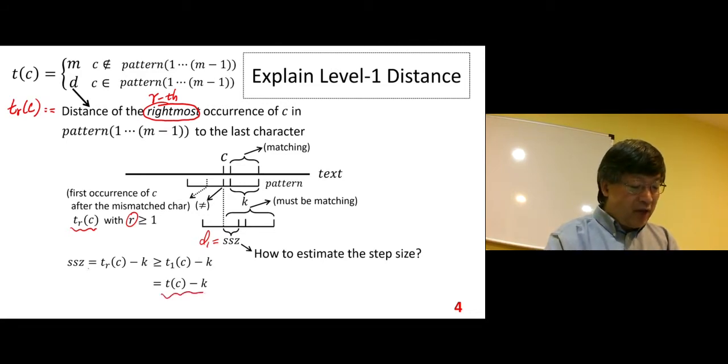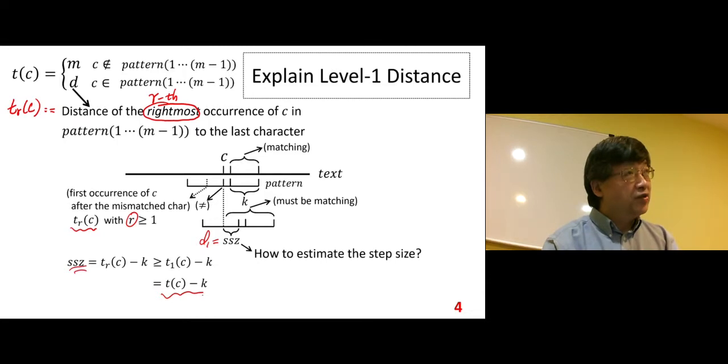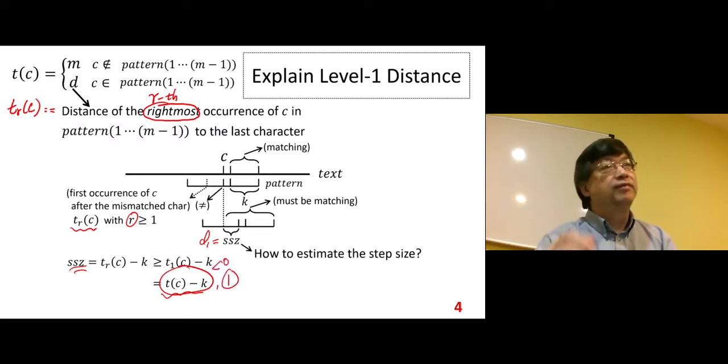Then step size is this one. But this one could be negative, because it's possible it could be negative. So that's why we take a maximum of this number and 1. If it's negative, if less than 0, we take 1.